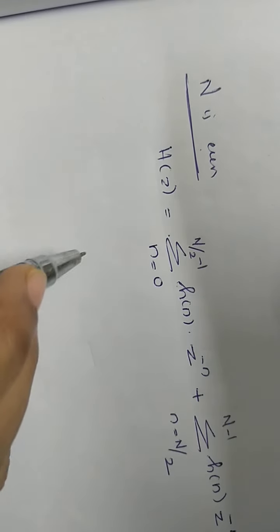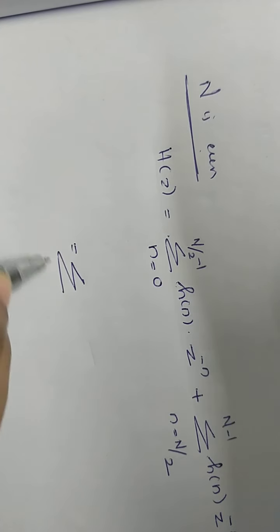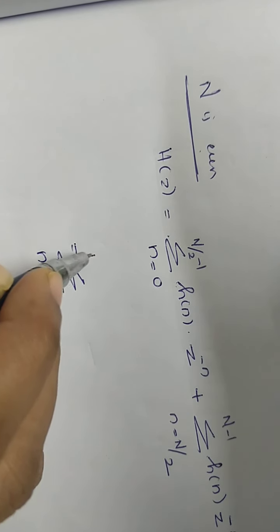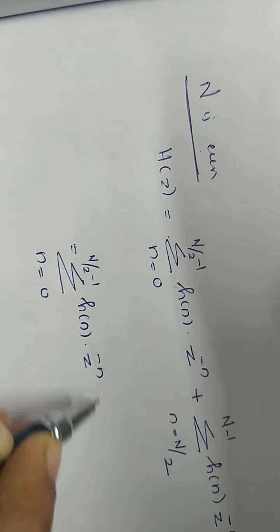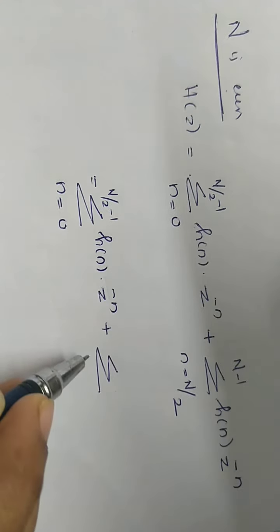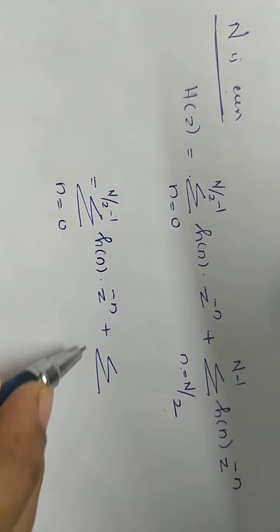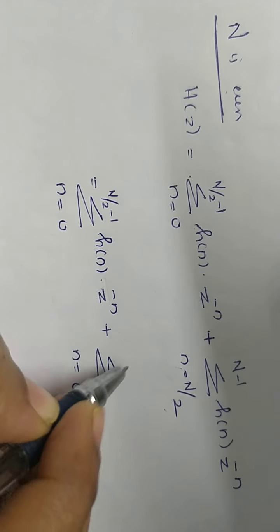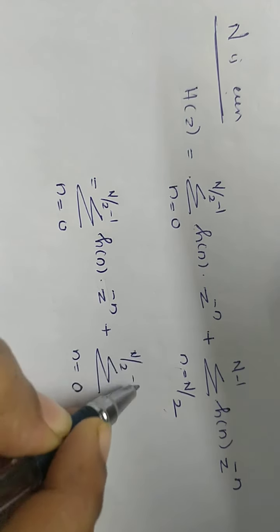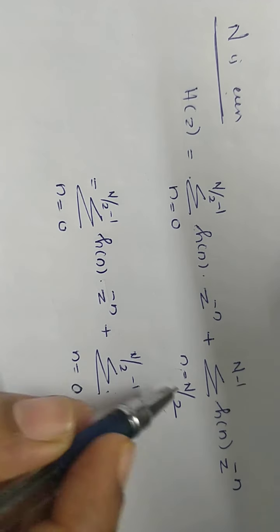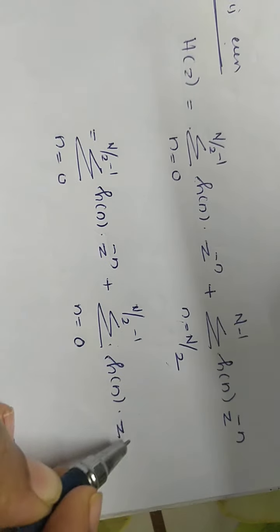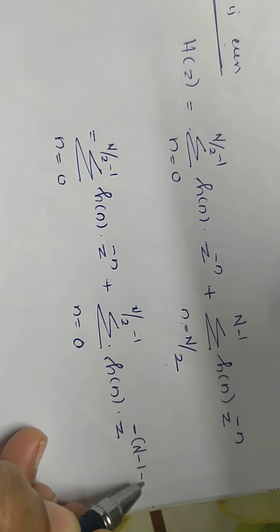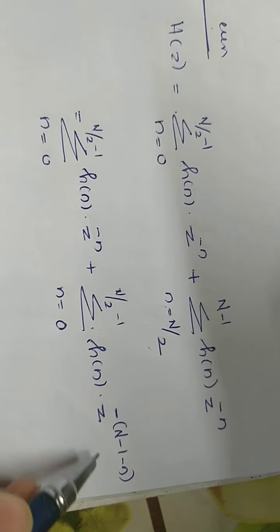Which is equal to sigma n is equal to 0 to N by 2 minus 1 h of n z raised to minus n plus, changing the limit here to n is equal to 0 to N by 2 minus 1, z raised to minus of N minus 1 minus n.